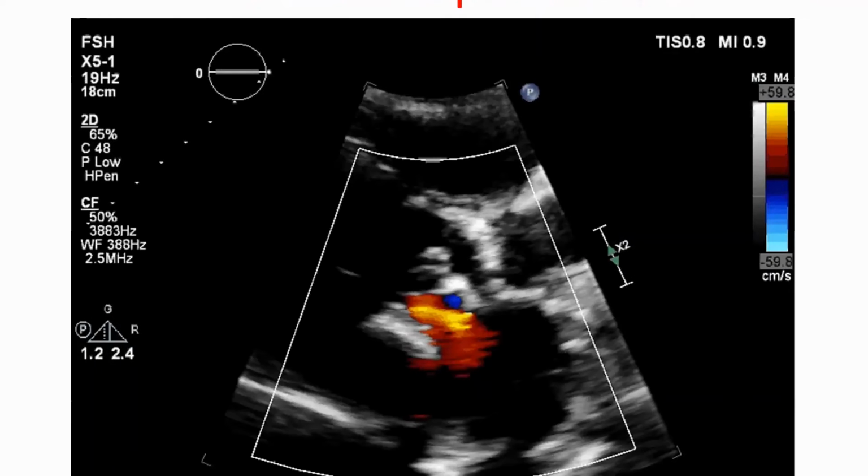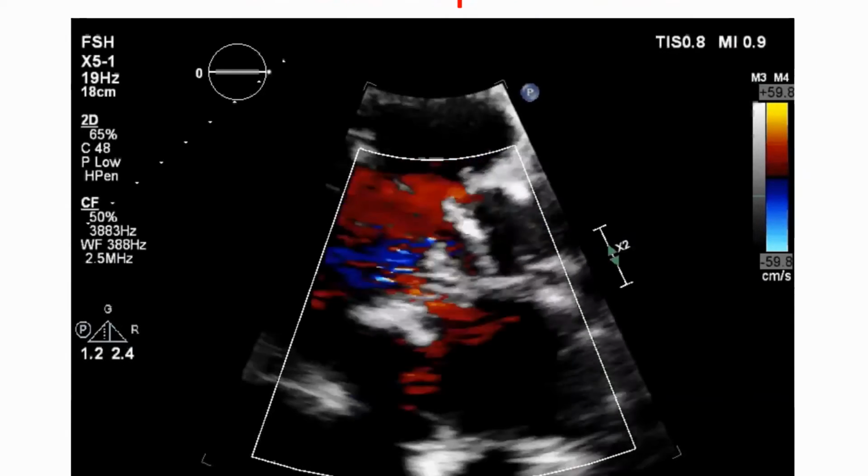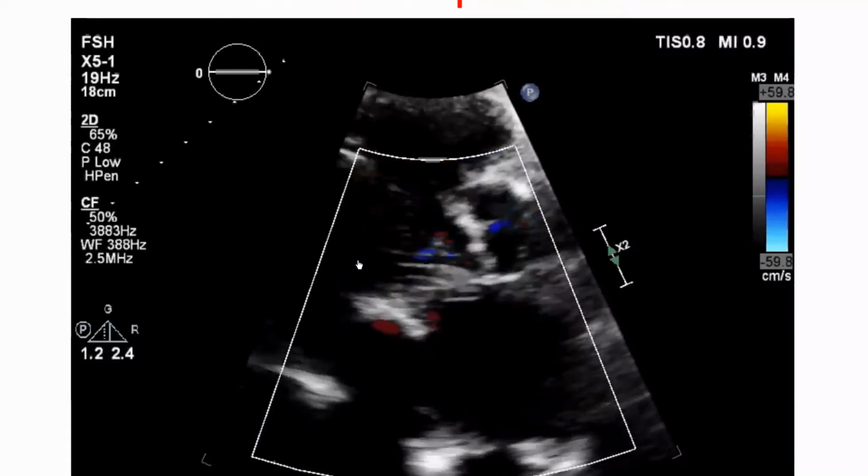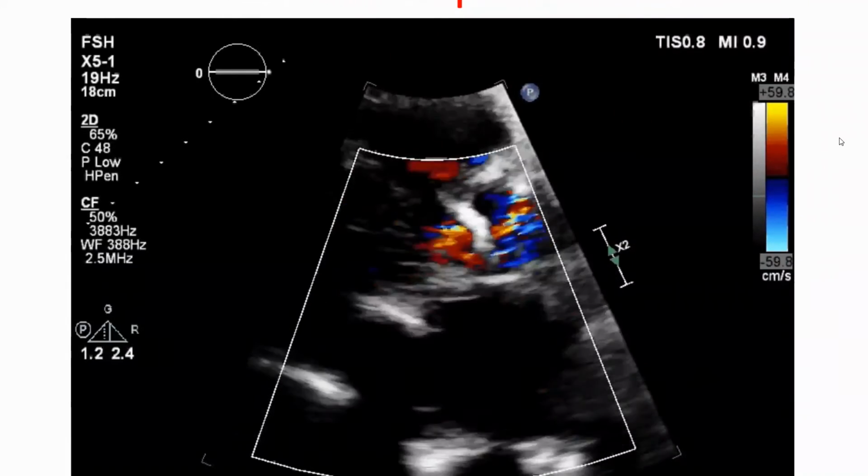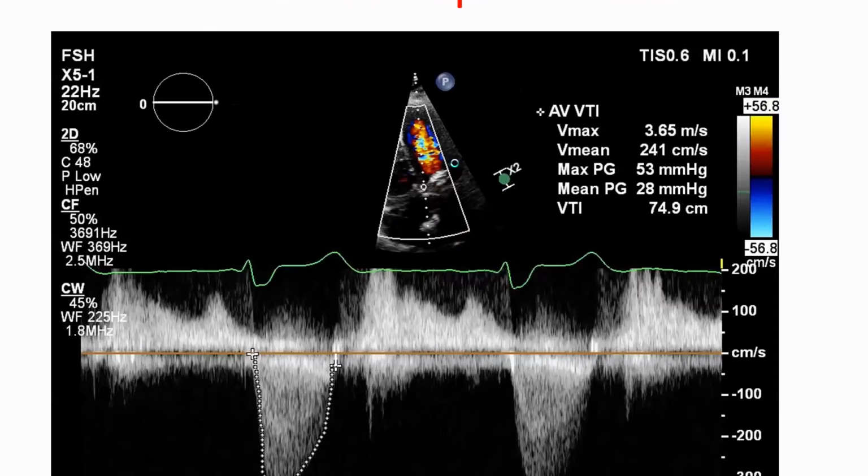And you can see, yeah, there's a little bit of turbulence, but not much. And then when you do the spectral profile, you can see that it doesn't look anything like an LVOT signal. It looks more like aortic stenosis. So just on the basis of that profile, you can say that's not a significant obstruction of the LVOT from that prosthesis.